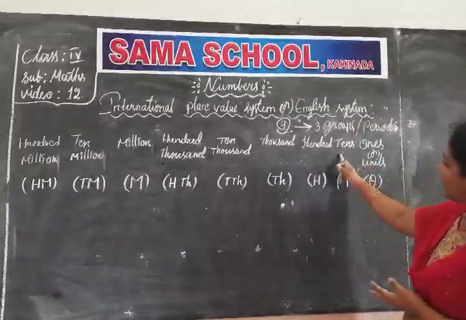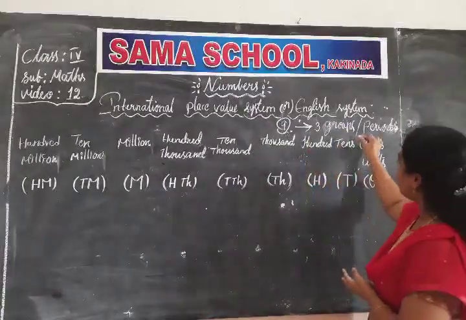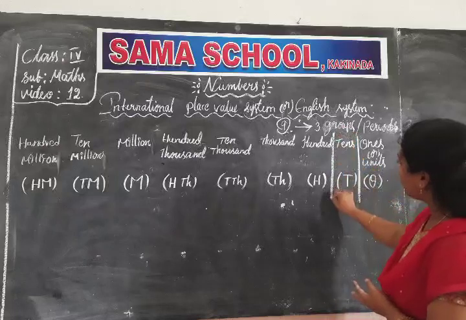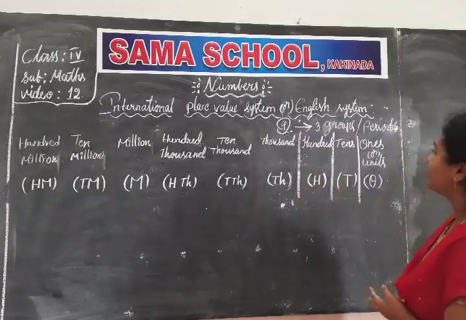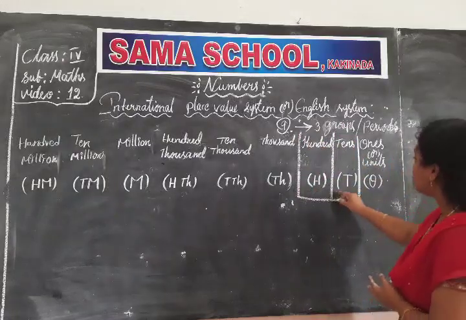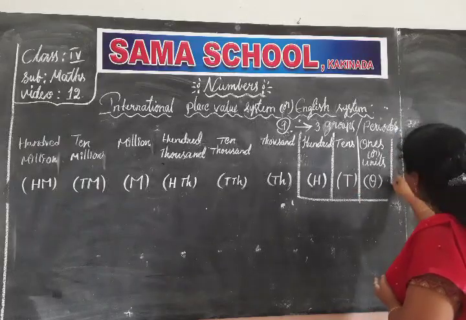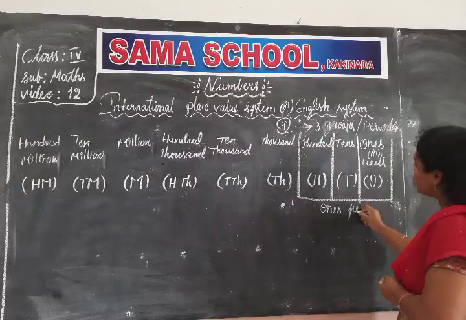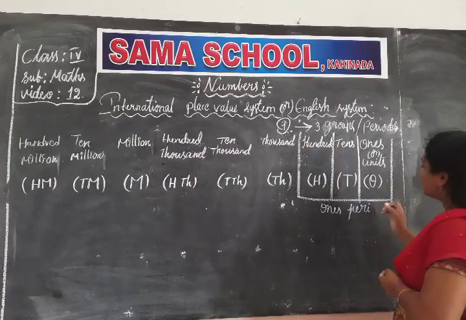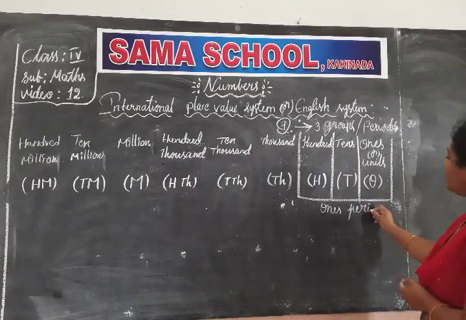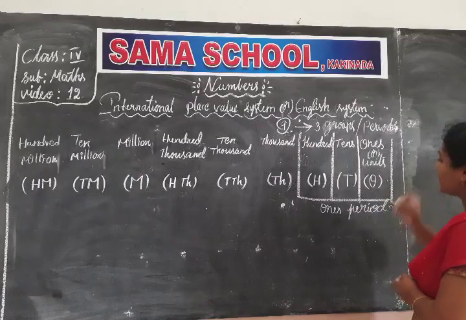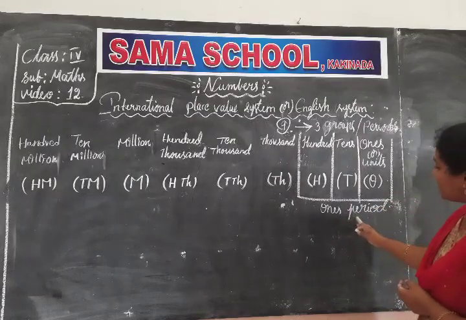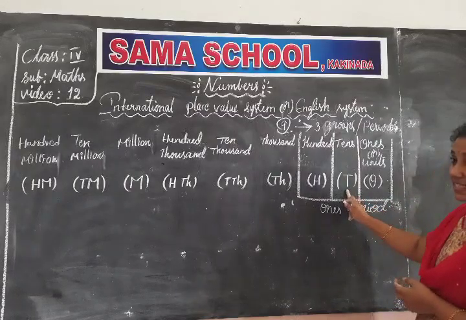Ones, tens, hundreds: these 3 places come under the ones period. So the ones period has 3 places.